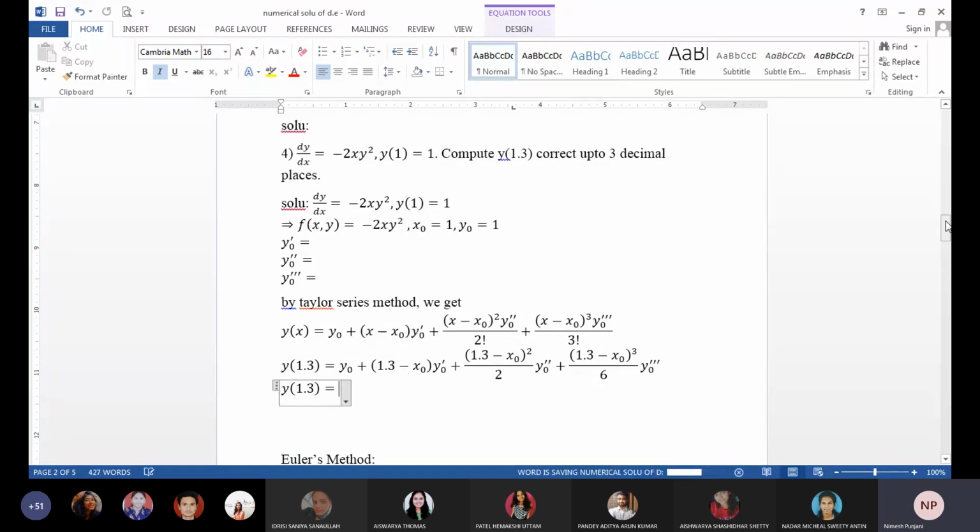So calculate y0 dash, y0 double dash, y0 triple dash, and then get the answer for y of 1.3. You can get the individual values and get confirmed. उसके बाद final answer find करो. Calculate y0 dash, y0 double dash, y0 triple dash, and y of 1.3, and tell me the answer.